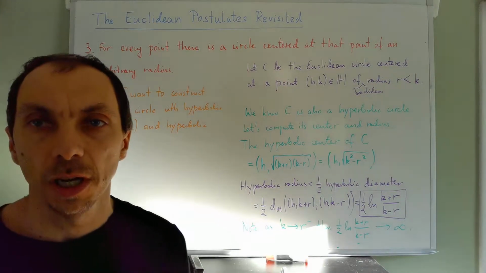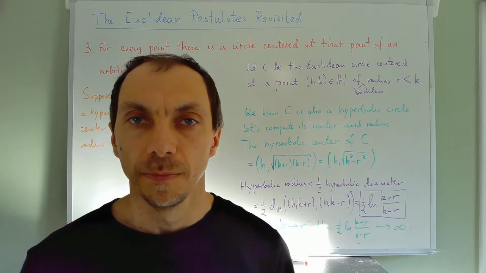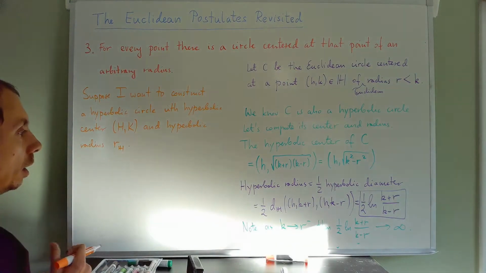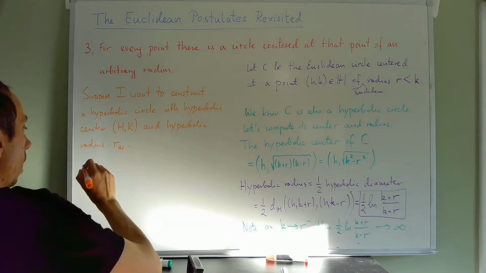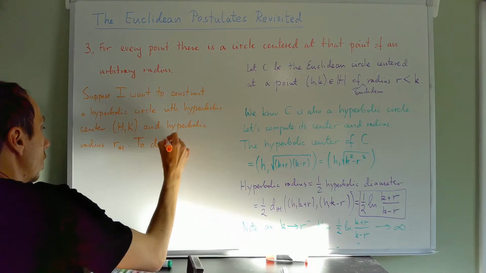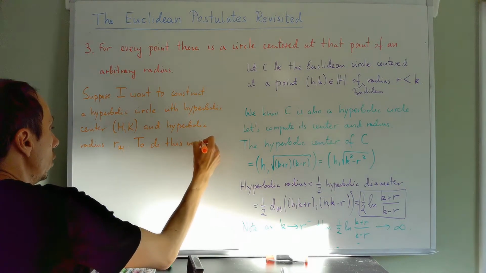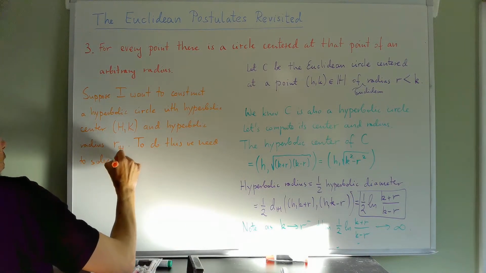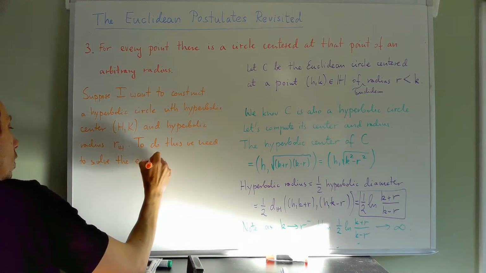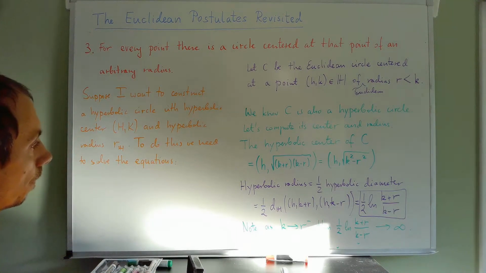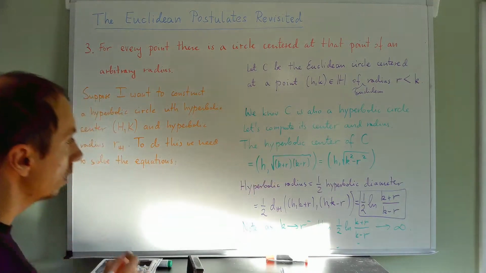I know that such a hyperbolic circle, if it exists, is also a Euclidean circle. So we need to solve the equations that we have here.